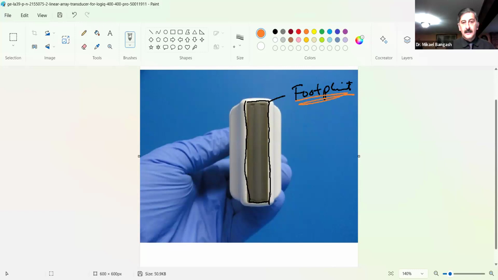What we already said was that the PCTs were going to be lined up like this along the footprint, and that's why we call them linear, as I said earlier.